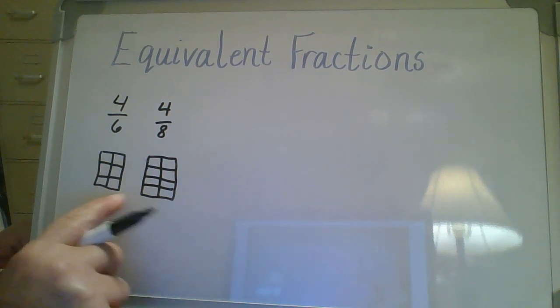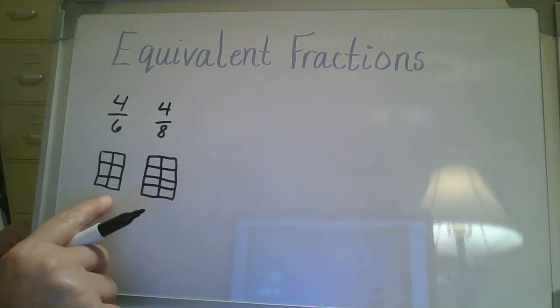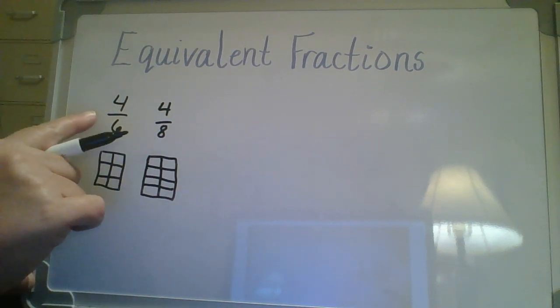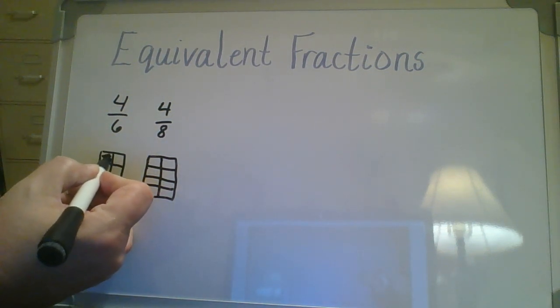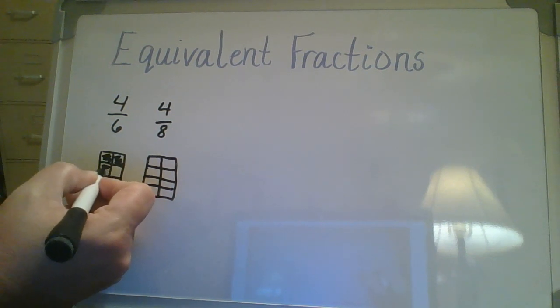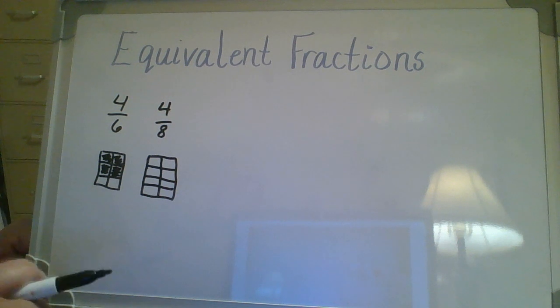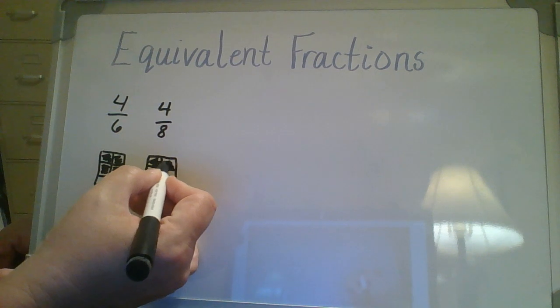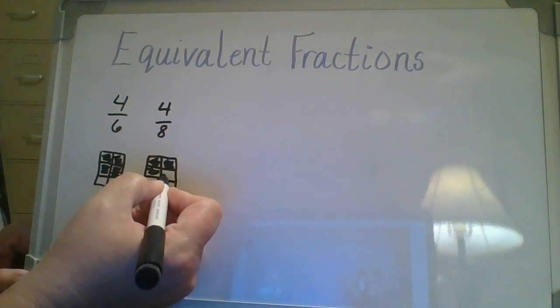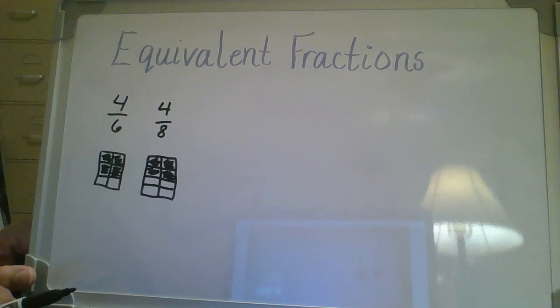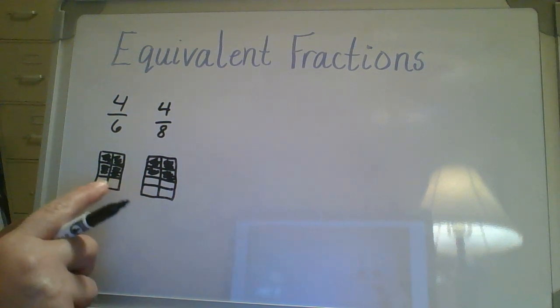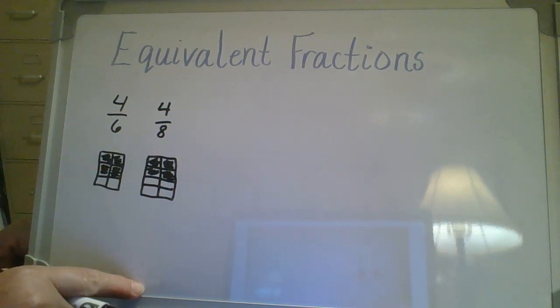Okay? I know that I'm not perfect in trying to draw to the side, but you get the idea that this box represents 4/6 and this box represents 4/8. Well, if I color in 4 of my 6 boxes, and I color in 4 of my 8 boxes, as you can see, my 4/8 does not cover the same amount of area as my 4/6.